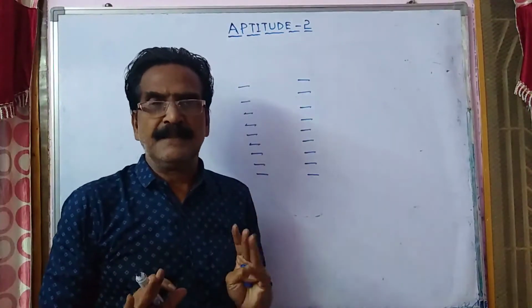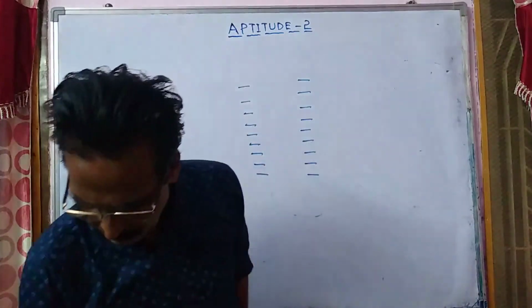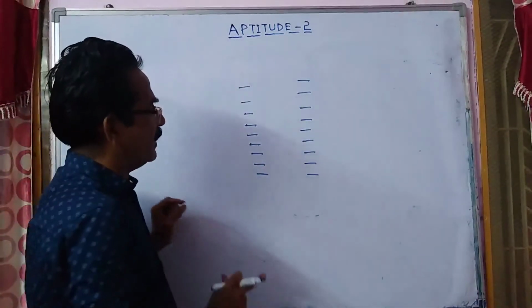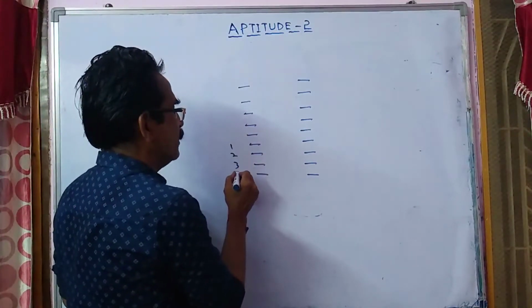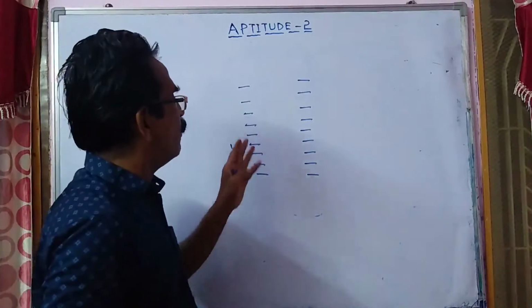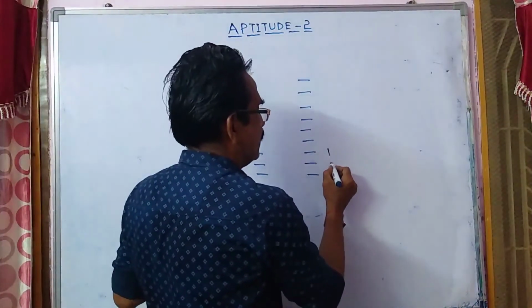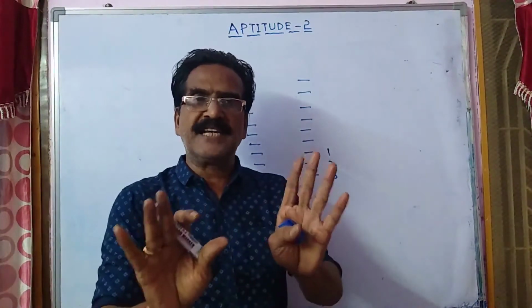That should be like that. And what is the specific condition? Some specification is given. 4 particular guests desire to sit on one particular side. Suppose 4 persons, 1, 2, 3, 4 persons want to sit this side, and 3 persons want to sit this side. These 7 persons are fixed.